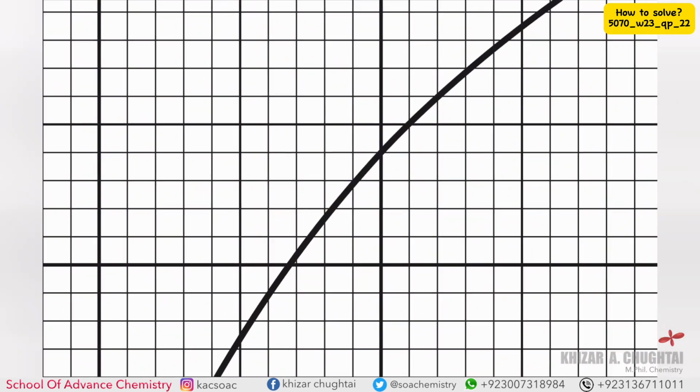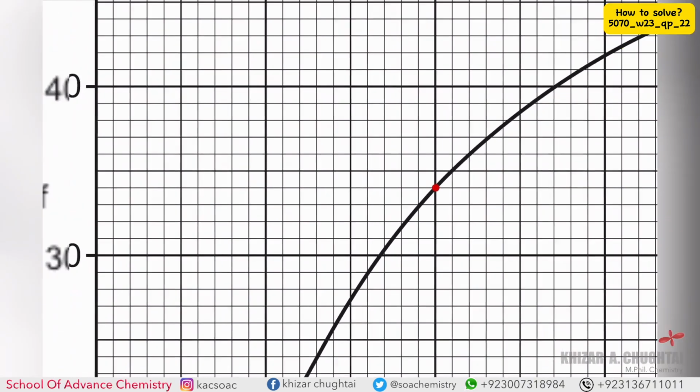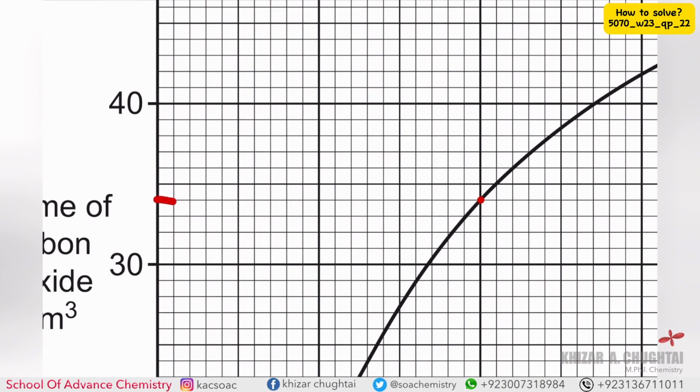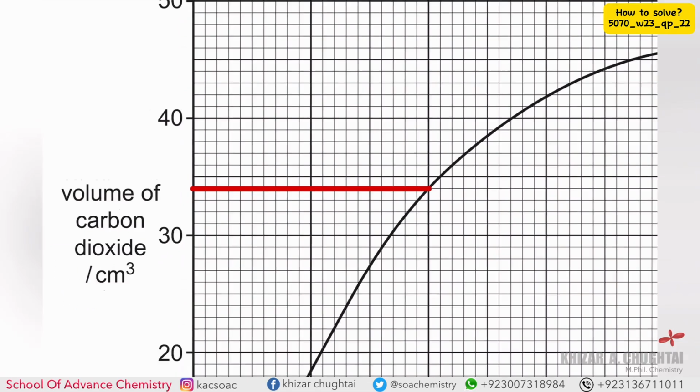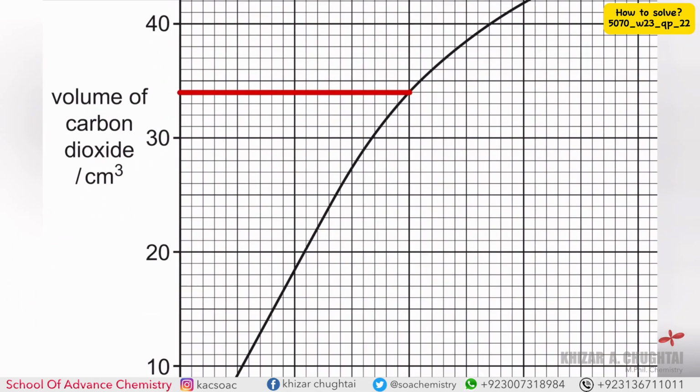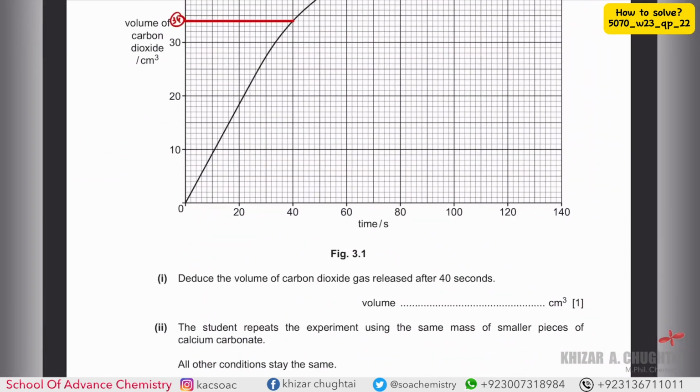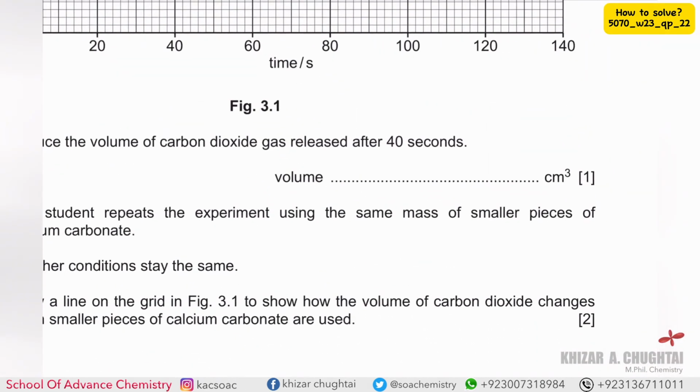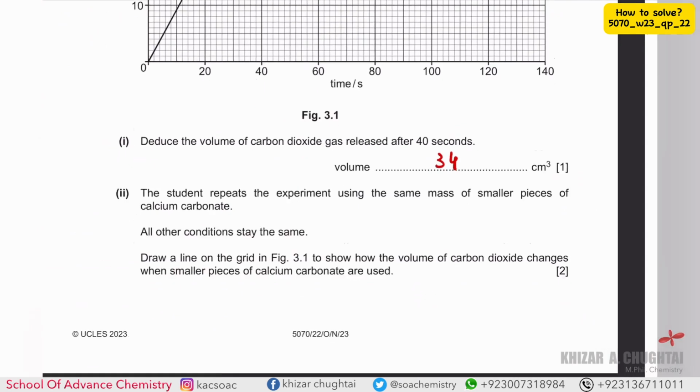You can see this is the volume of the gas at 40 seconds, and that is equal to 34 cm3.